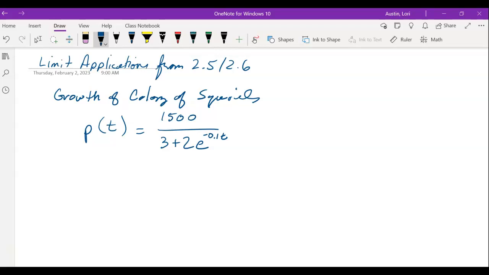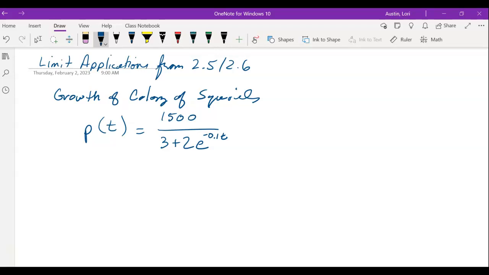So then you know, in 10 days, how many squirrels will I have? You can actually determine things like at the very beginning, time 0, how many squirrels do I have? So you can determine various things here.